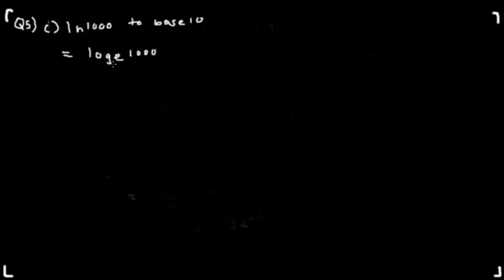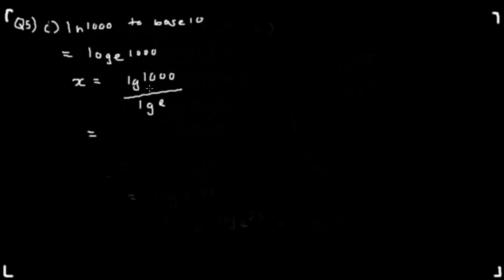To base 10, right? So this is the same thing as, okay, log base 10 is just lg. So let's write it like this: lg 1000 and then lg e. So this is just log 10, right? So I just wrote it like this.